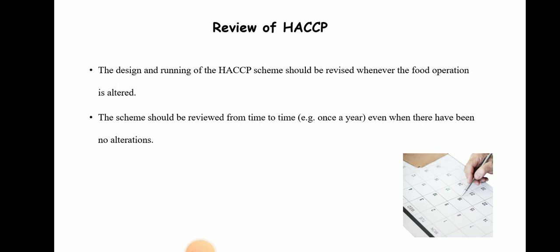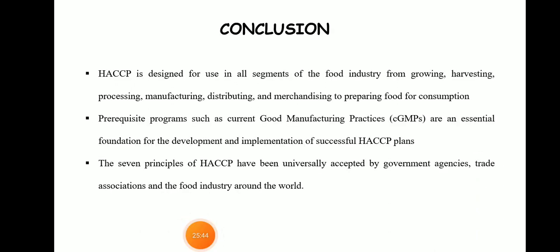So let's conclude by saying that HACCP is designed for use in all segments of the food industry, from growing, harvesting, processing, manufacturing, distributing, and even merchandising to prepare the food for consumption.